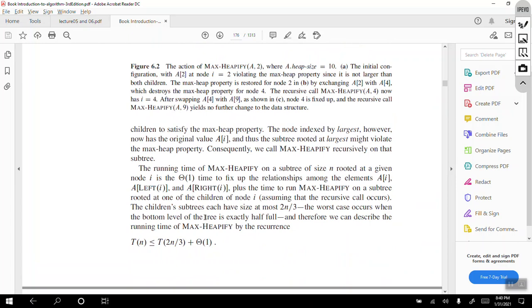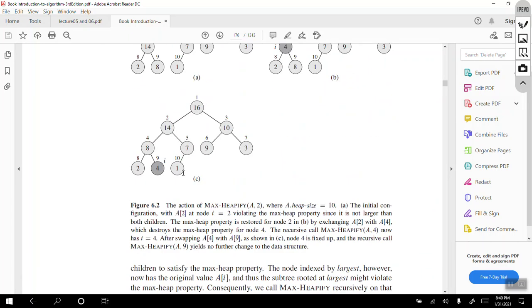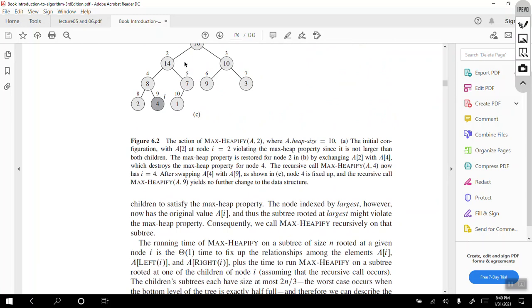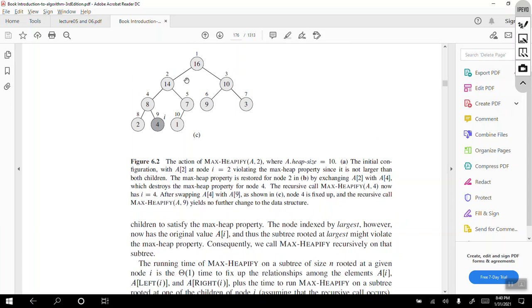As we see, this is a binary tree, right? So every time it is splitting the array size by half.